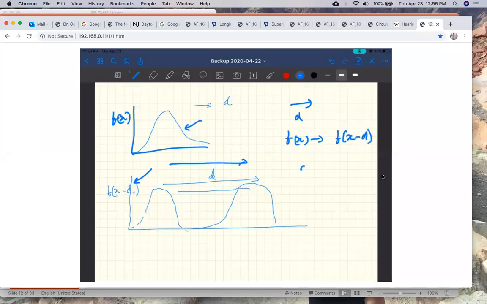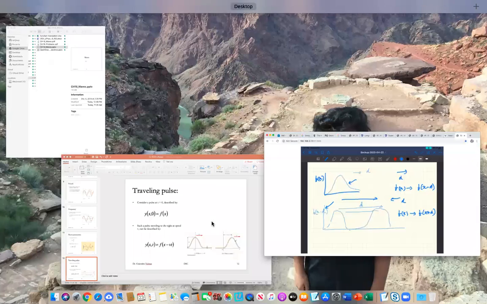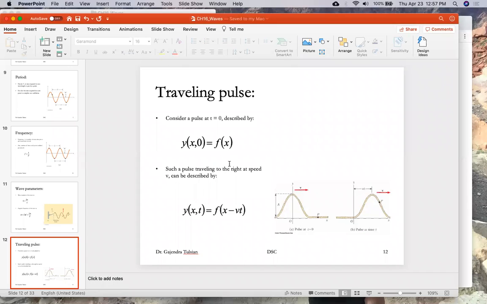And similarly, if you want to shift the function by d to the left, all you do is replace x by x plus d. Then you shift the function to the left. Okay, so keep that in mind as we go through these slides.